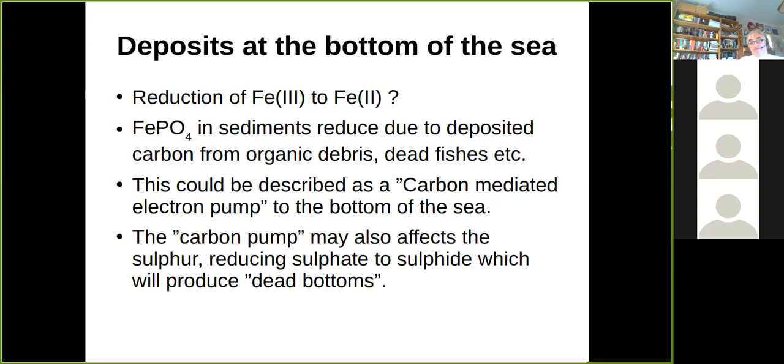But if we take up the fish, eat it, then we lose that carbon sink.